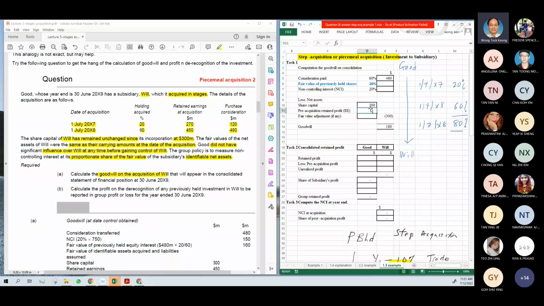The 20% is based on fair value, the proportional share of fair value. We know for 60% they pay 480. So for 20%, how much? 480 is 60%, so you divide by 60 and multiply by 20: 160.